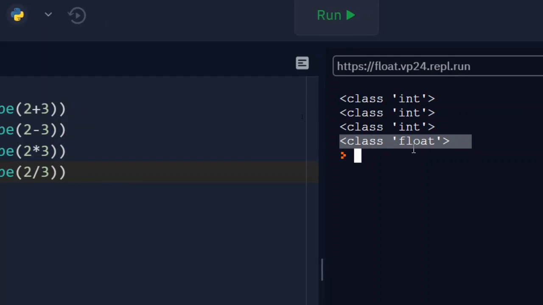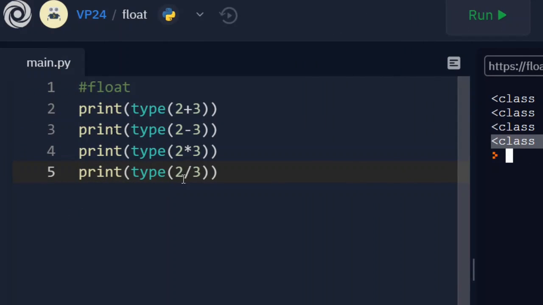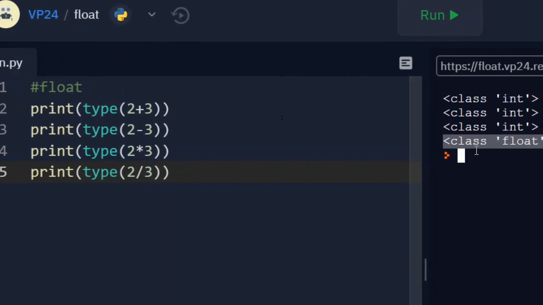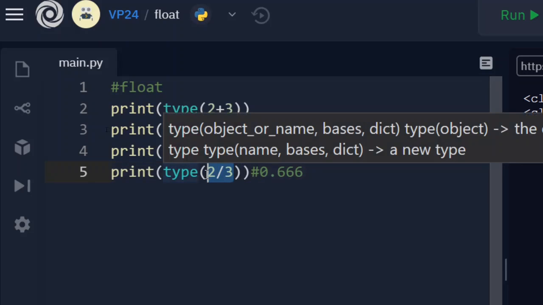And here comes our float data type. But how did the fifth one, print type of 2 by 3, become class float? Well, let's check it out. Now we know that 2 by 3 is 0.666 and so on. So the interpreter, just as we do calculations in mathematics, goes for the brackets first, and that is 2 by 3.